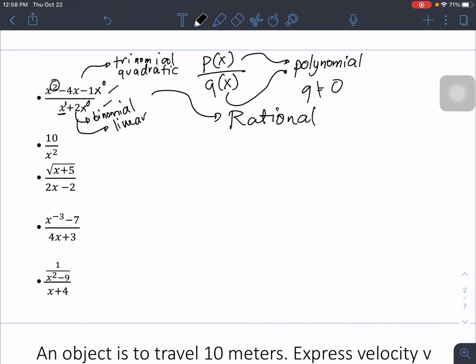function. Okay? Next one. 10 over x squared. Okay, let's examine. So this one contains only one term, which is 10. So this will be a monomial, no? Monomial. Okay? And the exponent of all the x's, even though we don't see an x here, we could tell that if it is a variable, let's say an x, this will be 0.